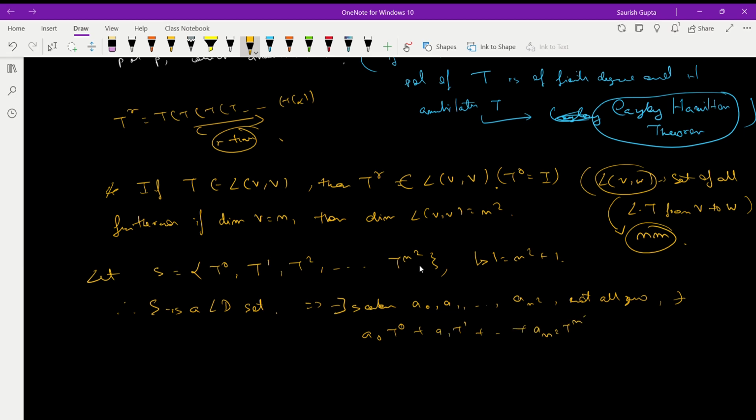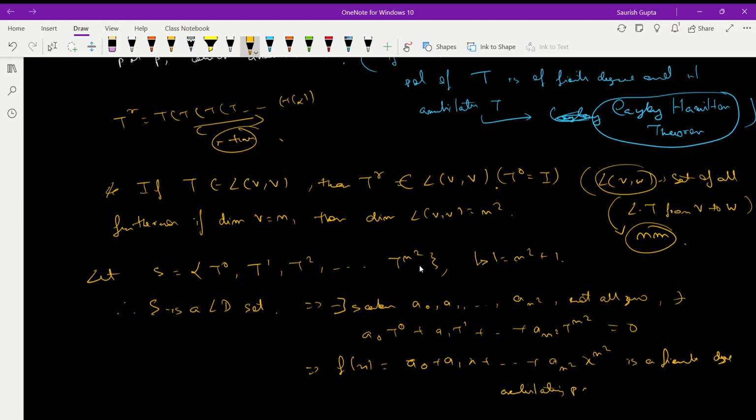So that means there exist scalars a0, a1 till a_{n squared}, not all 0, such that a0 T0 plus a1 T1 and so on till a_{n squared} T^{n squared} is equal to 0, obviously applied to some alpha, which we are not mentioning since that's quite trivial to notice.